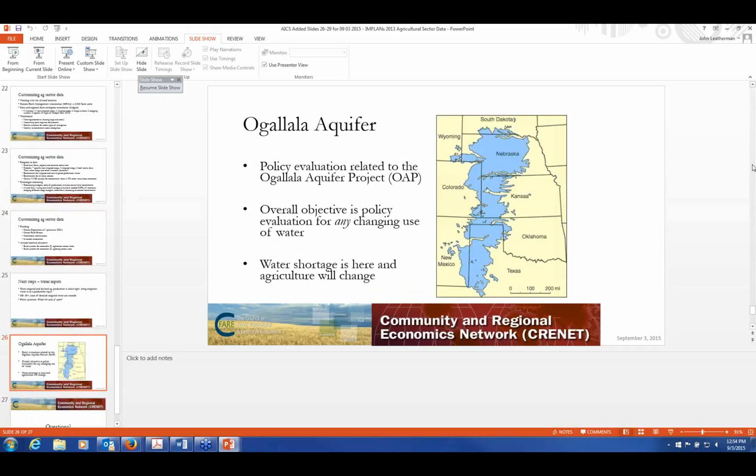Ultimately, on behalf of Alward and IMPLAN, the objective will be to begin tackling some of these very challenging issues relating to climate change and changing use of water. Indeed, the world has changed, the water shortage is here, and agricultural production will change as well. I hope this will allow us to deal with that a little bit.